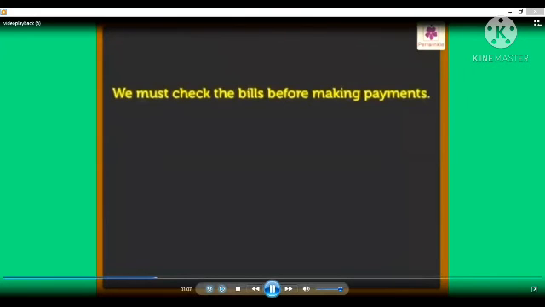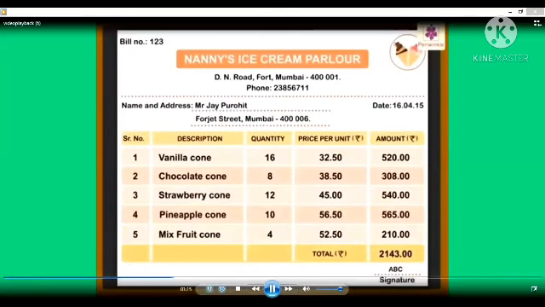We must check the bills before making payments. Now, let us study a bill and notice the information it provides. Each bill has name, address, telephone number, and a bill number of the service provider shop.